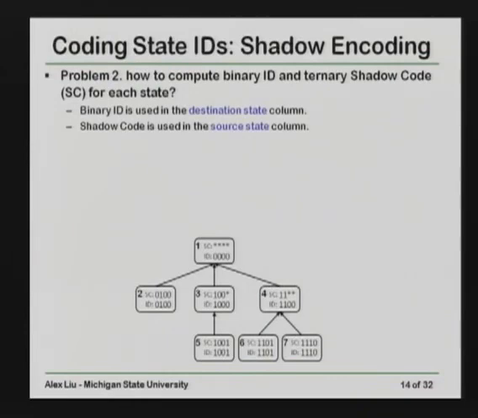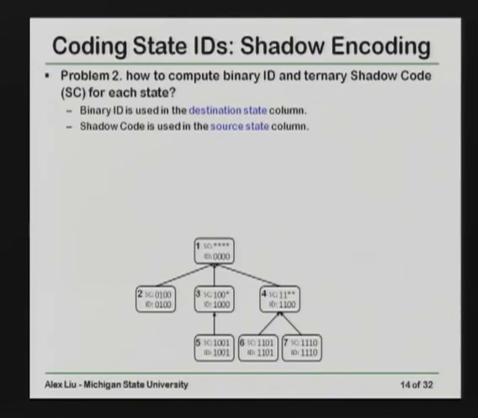Next, after we build this deferment forest, we know that, for this example, 2 will defer to 1, 5 defers to 3, 3 defers to 1. We know this forest. Now we need to assign binary IDs and ternary shadow codes for each state.